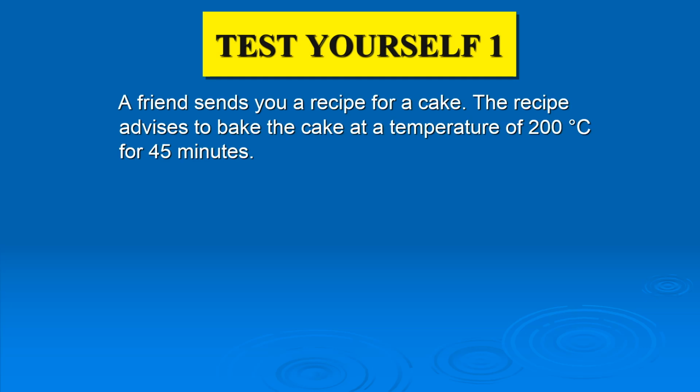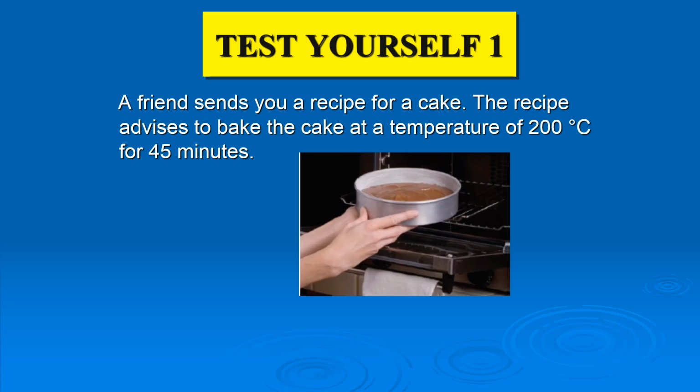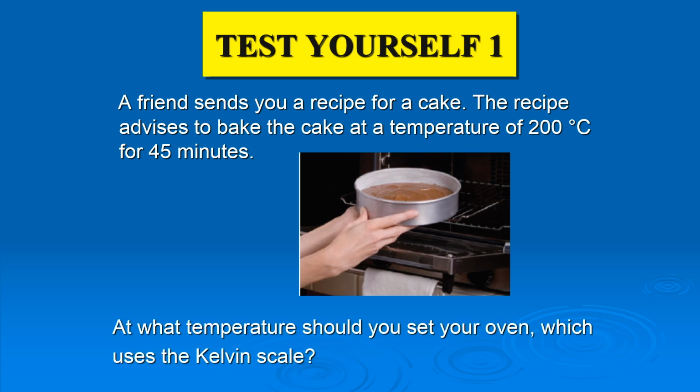Let's try this simple question. A friend sends you a recipe for a cake. The recipe advises to bake the cake at a temperature of 200 degrees Celsius for 45 minutes. At what temperature should you set your oven, which uses the Kelvin scale?